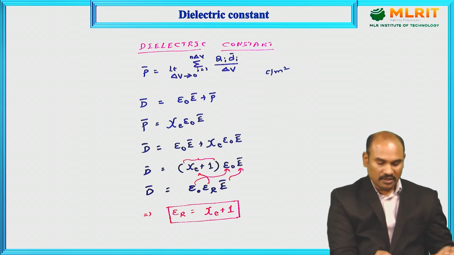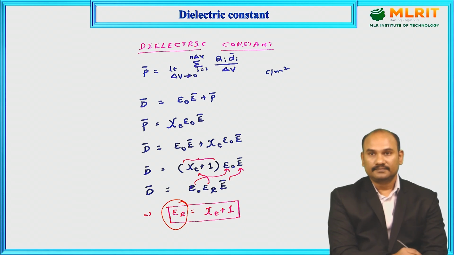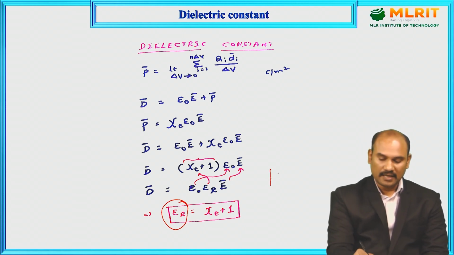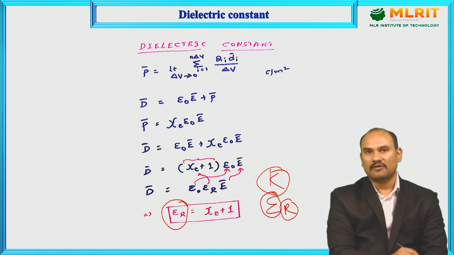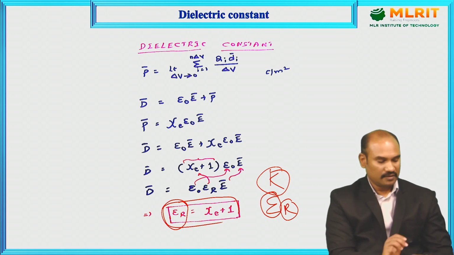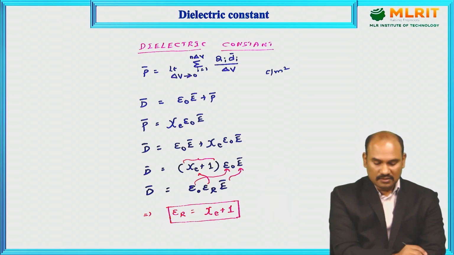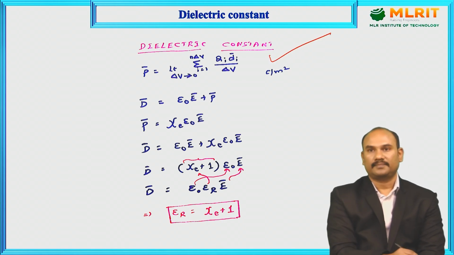We know epsilon r is also known as dielectric constant. We use the symbol K for dielectric constant or epsilon r. Both are the same. The relative electric permittivity is nothing but dielectric constant, which is 1 plus xi e. So this is the expression for dielectric constant.